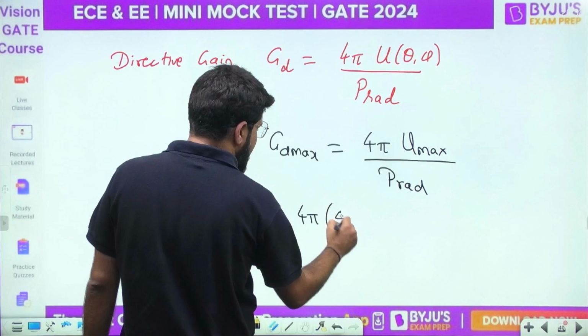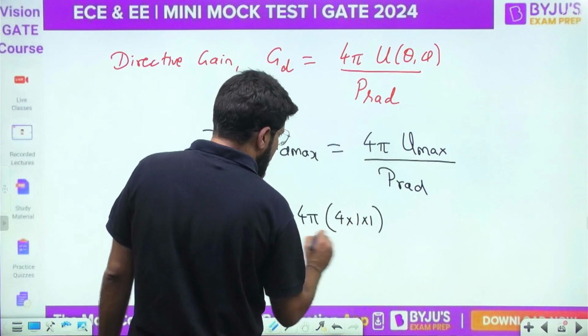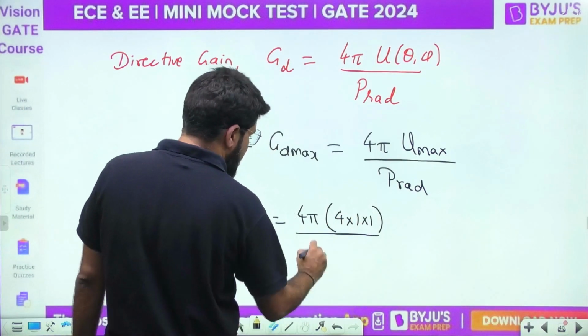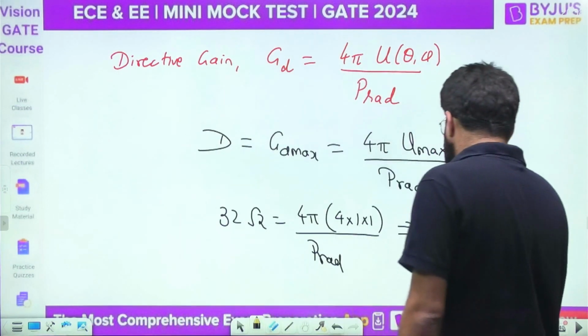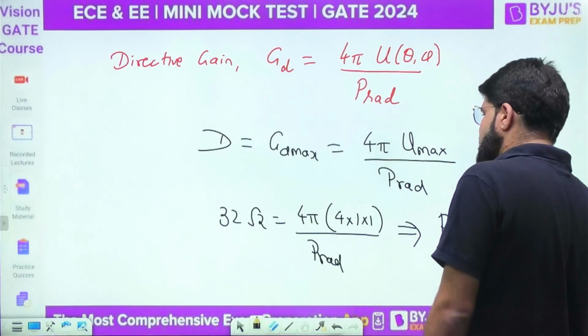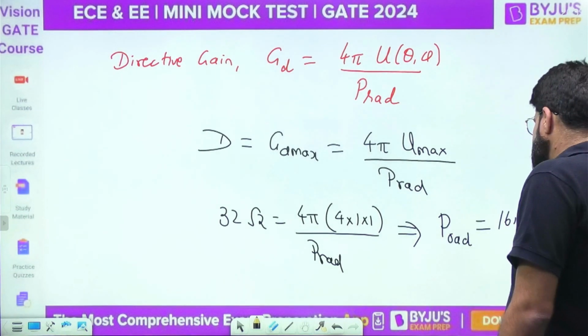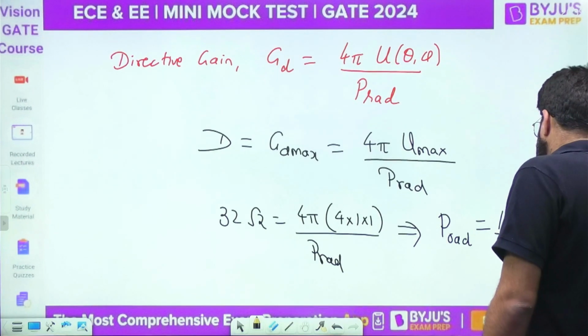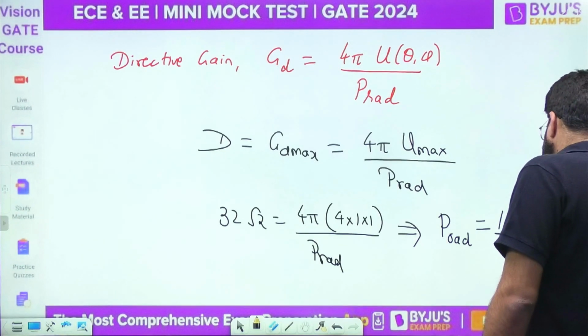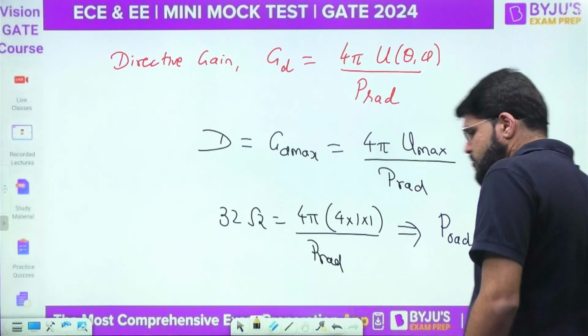U max value is 4 into 1 into 1, divided by the value of P rad, and that is what we have obtained. P rad comes from here. The radiated power is then equal to 16 pi divided by 32 root 2, or this can be obtained as pi divided by 2 root 2. So how much will be the answer? Quicker.